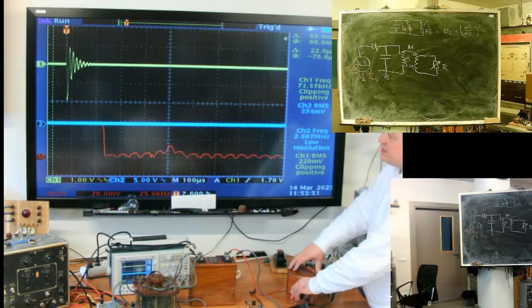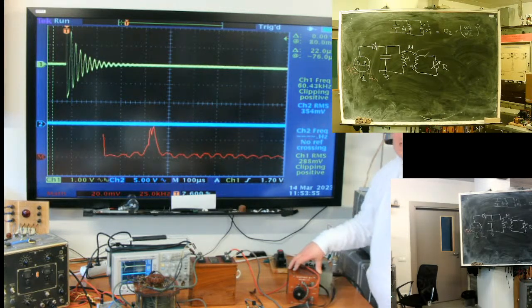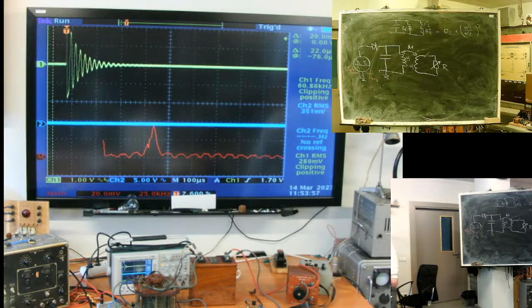Increased resistance, we have decay and a smaller and smaller role of the secondary part. It's what happens when you have a transient in a transformer.